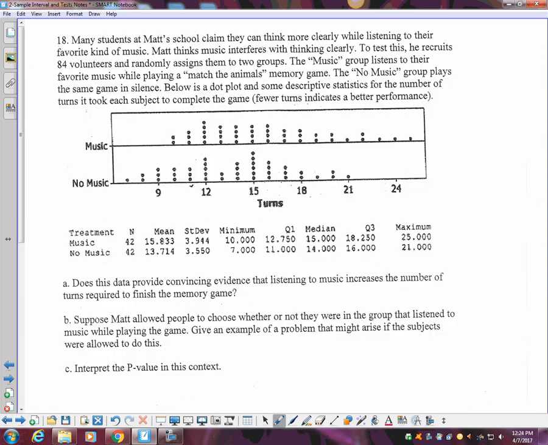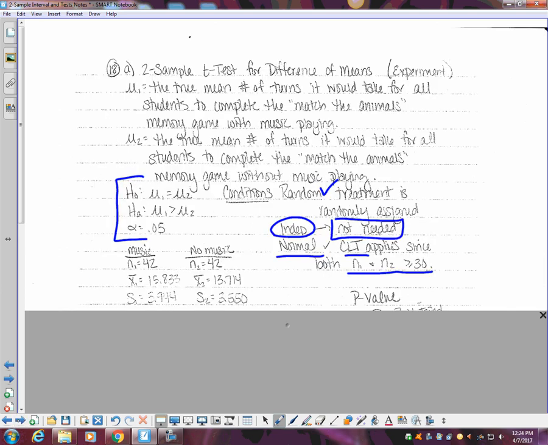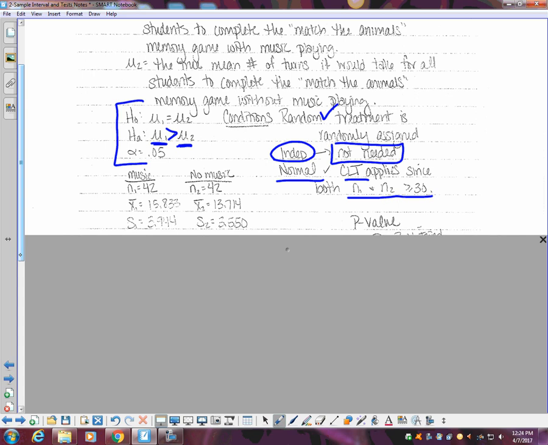H sub A, let's go back and read the question. Does this data provide convincing evidence that listening to music increases the number of turns it takes to finish the game? So that would make mu sub 1 greater than mu sub 2. The number of turns with music is bigger than without. And then I just pulled my little stat box from the Minitab.